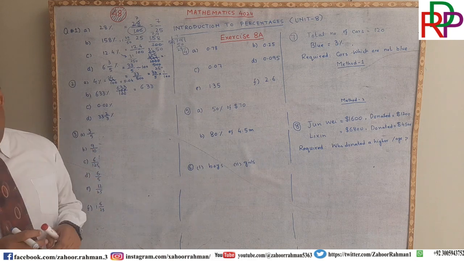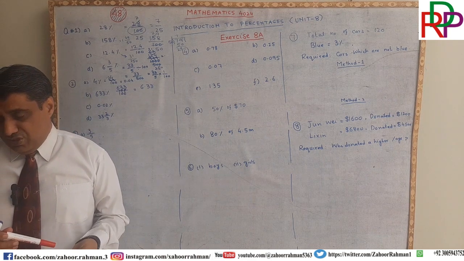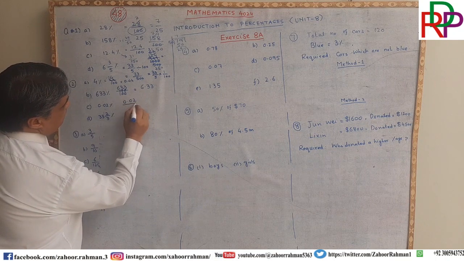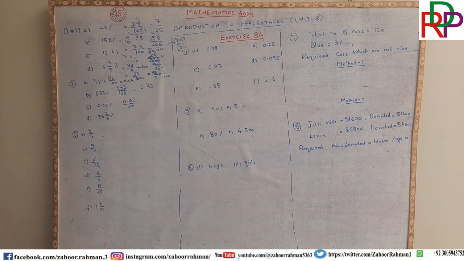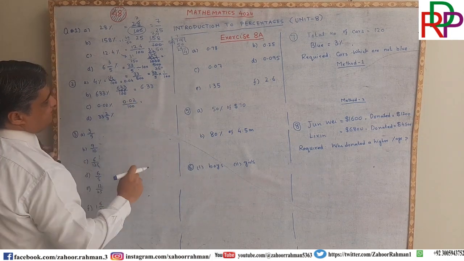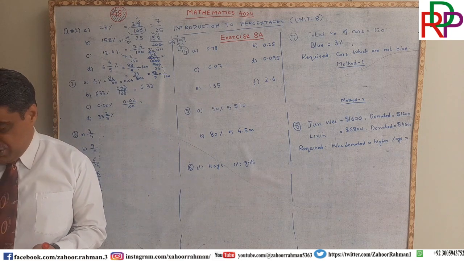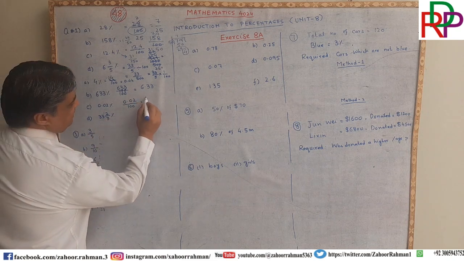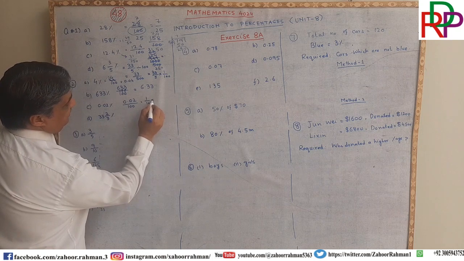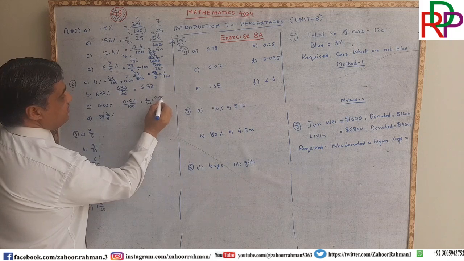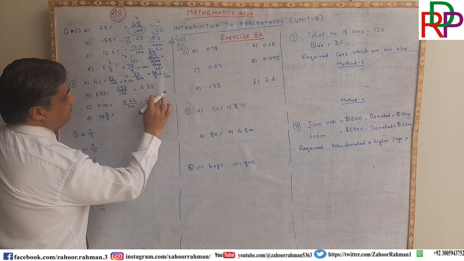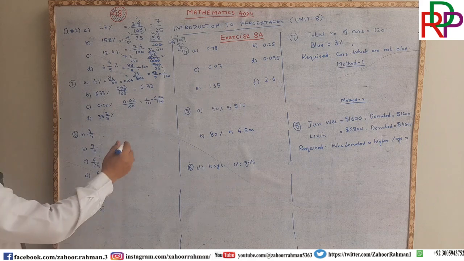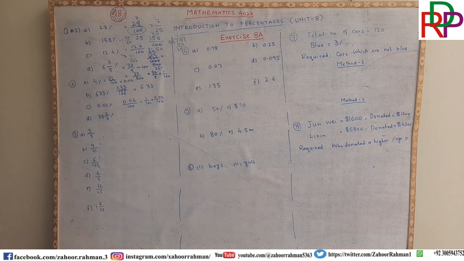Next one is 0.02. 0.02 divided by 100. Ladies and gentlemen, let me write it as 1 over 100 into 0.02, and to remove this decimal we have to introduce 100 for the decimal 1 and for the 2-digit 0.